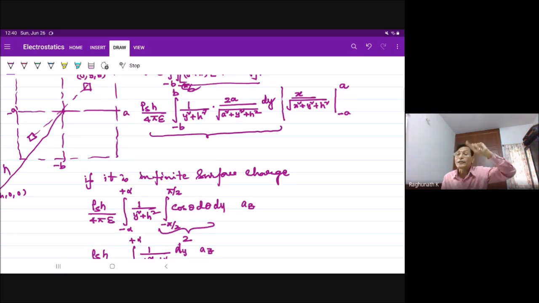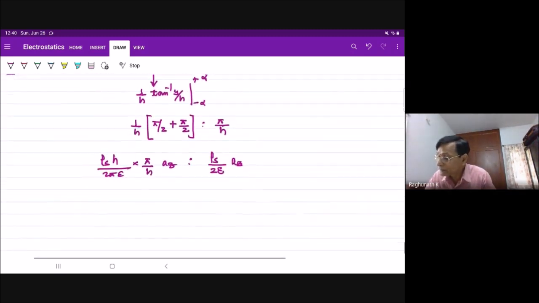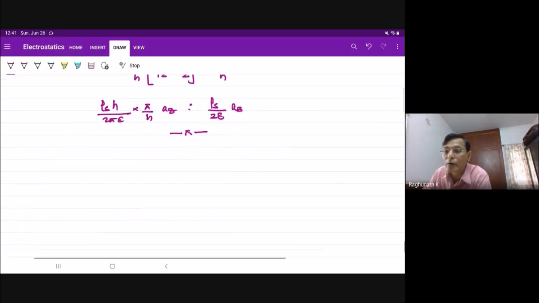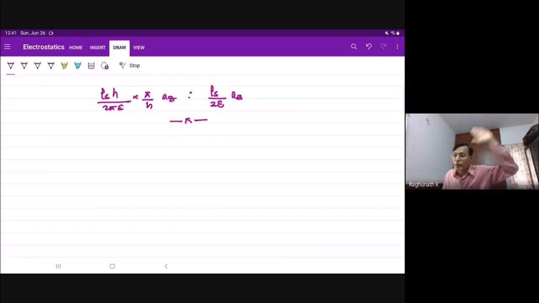And rho s by 2 epsilon a n, the normal component to the surface. Az is now a n, extremely important things for us. Rho s by 2 epsilon. I'll come to the same point through this. Check it. I will be ready to extend the discussion and repeat it also if required, because these are very, very important procedures that we should be masters of.